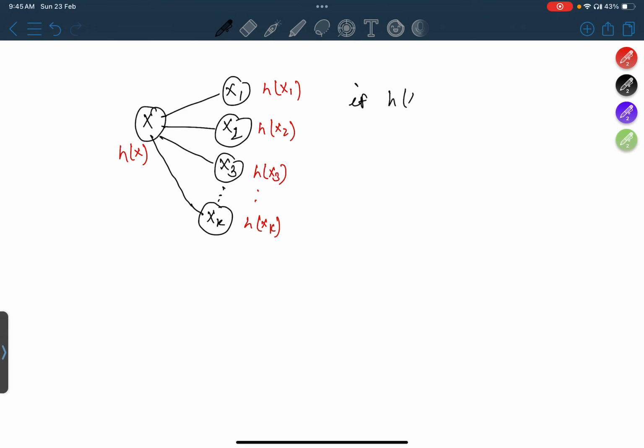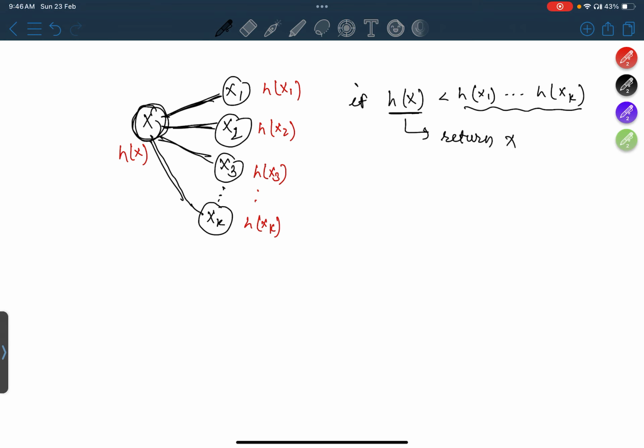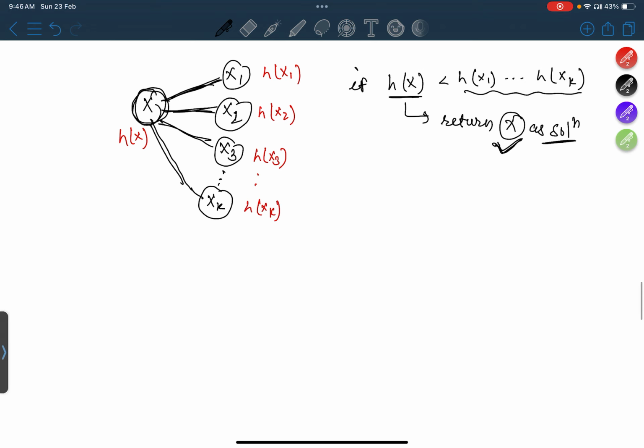If h of x is smaller than all of these, that means this is my best state, and none of its successors is a better state. So the algorithm will return x as a solution, even though x is not a solution, right? Even though x is not a solution, the algorithm will return x as a solution itself. So this is one limitation of hill climbing.